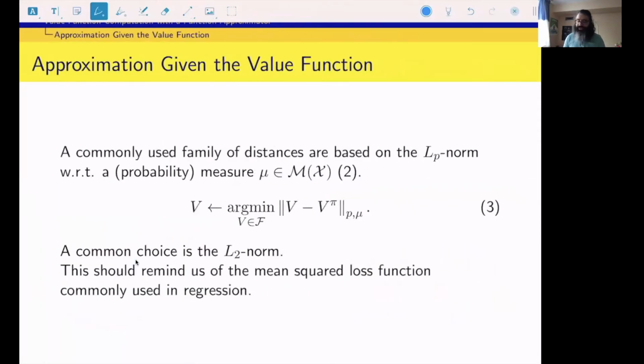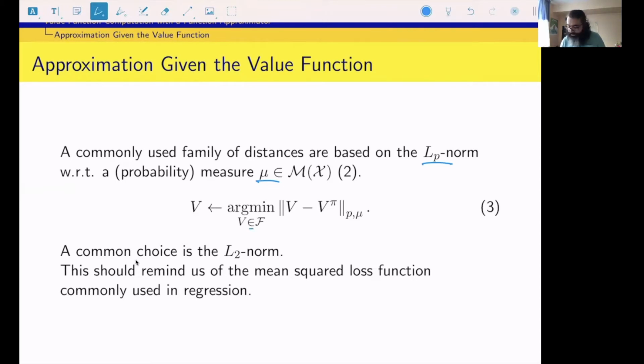So here, let's define one common family of distances. They're based on LP norms that I defined a few slides ago. Essentially, we choose an LP norm with respect to some probability distribution mu, and then try to minimize the distance based on this norm.